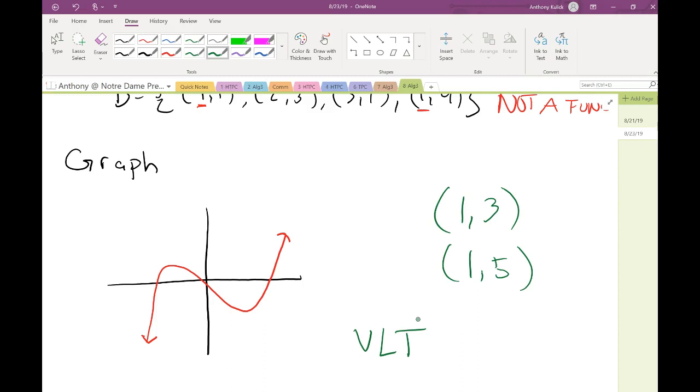What the vertical line test says is, if I can draw any vertical line that intersects the graph more than once, then that graph does not represent a function. So if I can draw any vertical line that intersects the graph more than once, then that graph is not a function.